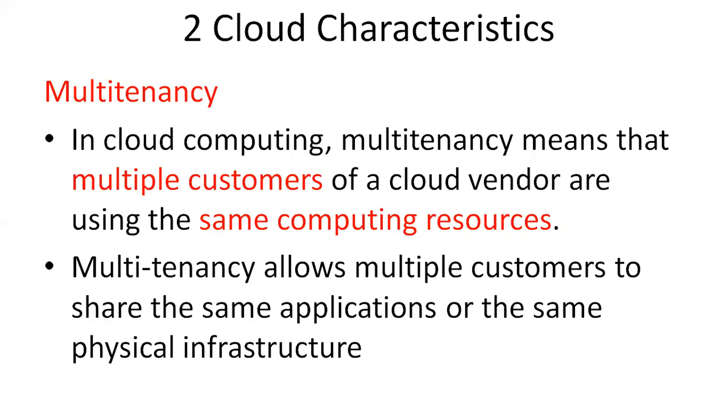The AWS services are used by our SV University, Sri Vijayaniketan organization, and some other organizations. These multiple organizations exactly use only one server. That's called multi-tenancy: multiple customers of cloud vendors using the same computing resource.